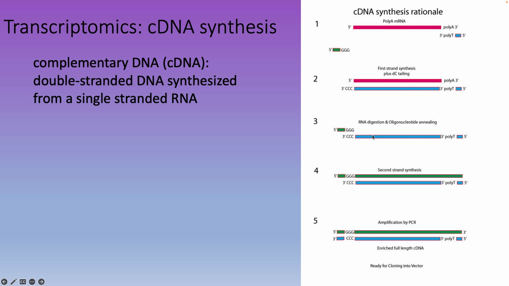And then once you've got that first strand match, you'll create a second strand to it. And then typically, once you've created cDNA, you might do something like PCR amplification to increase the copy number of the things that you're looking at. And this actually has become the basis for a lot of really important molecular techniques that we still use today.